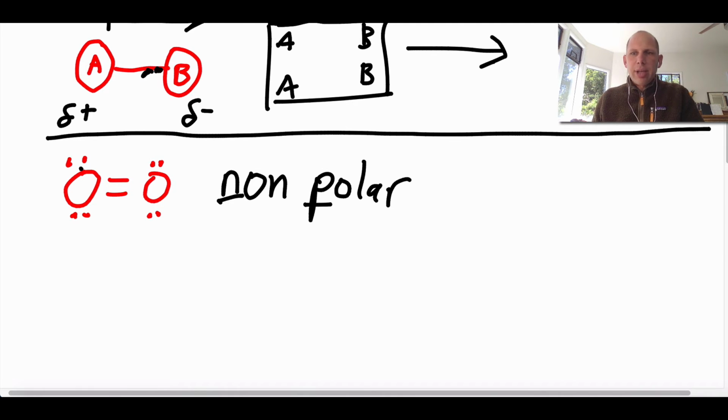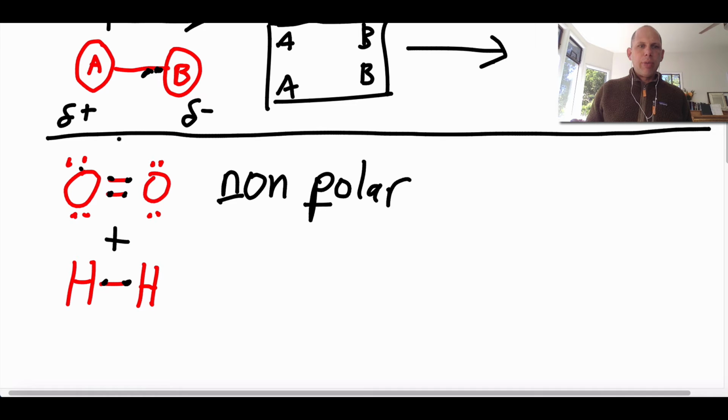Another example of something like this would be hydrogen, H, H. There is no difference in pull because the atoms are the same. One is not to the right of the other. So in both of these cases, the electrons in these bonds are sitting right in the middle.